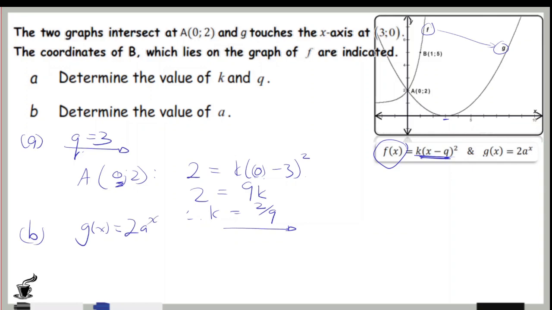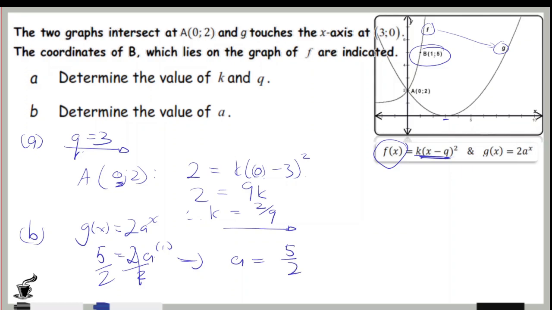We do have a value over here that we can substitute, that b being a y value on the left hand side, and there's 2 a to the power 1 because that's the x value given. So 5 is just equal to 2a. Divide both sides by 2. So a is equal to 5 over 2.